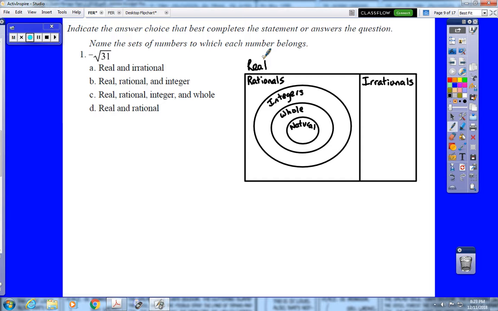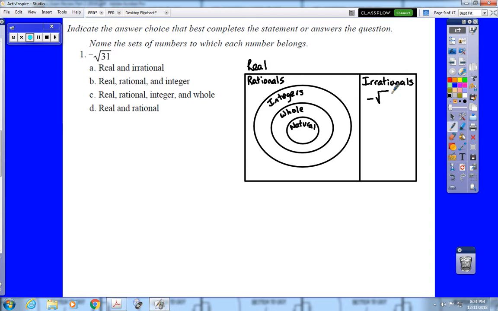So this says classify negative square root of 31. So the question you have to ask yourself is, can that be reduced? And the short answer is no. The square root of 31 does not reduce. So the square root of 31 should be getting placed over here in the irrational numbers, which means the best description for it would be irrational and real, or letter A. Again, any number that's irrational is also real.